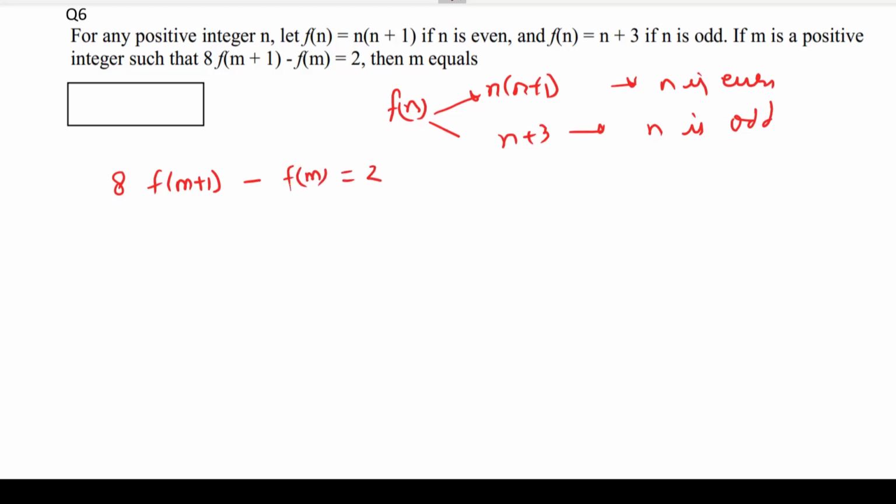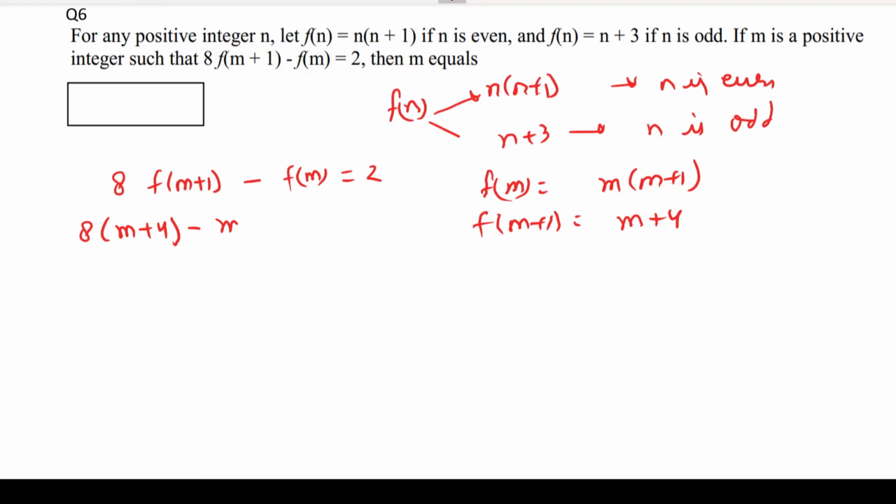Let's suppose that m is an even number, then m plus 1 is an odd number. If m is an even number, then f(m) equals m into (m plus 1), and f(m plus 1) equals m plus 4.